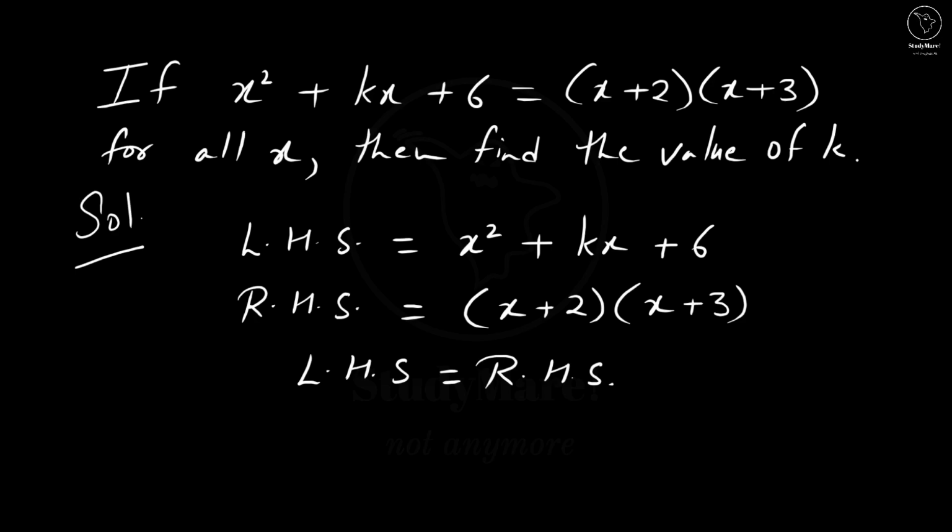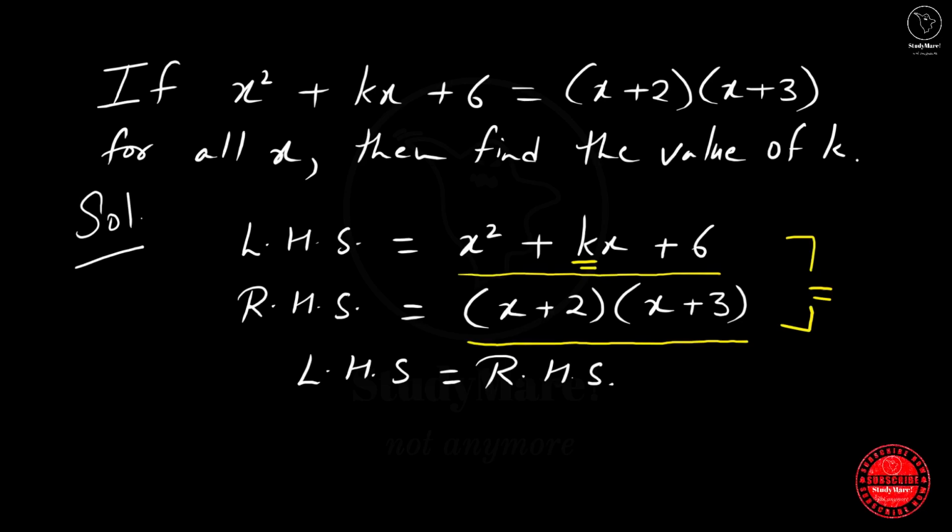Now, if we simplify this RHS and bring it in the form of LHS, that is x square plus kx plus 6, and then if we compare these two, we can easily find the value of k. This is the basic concept behind which we are going to solve this question.